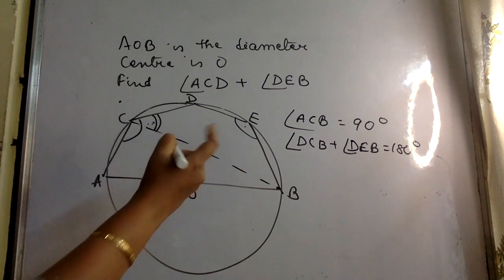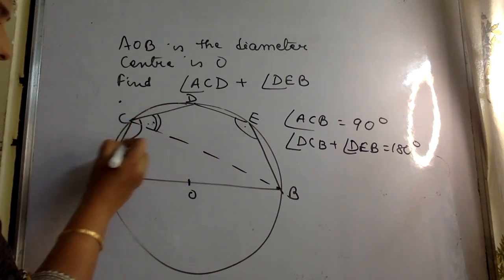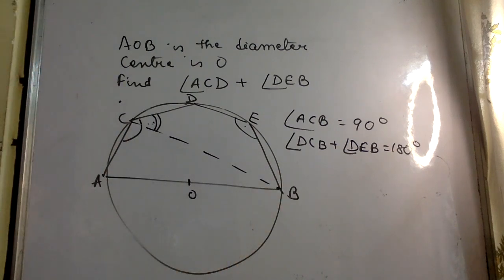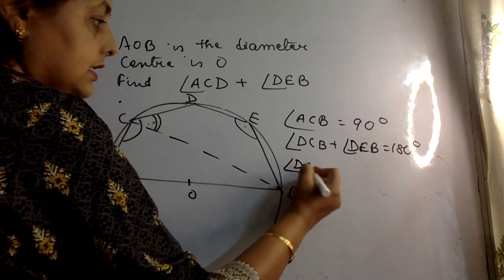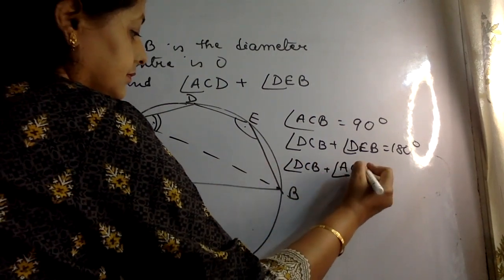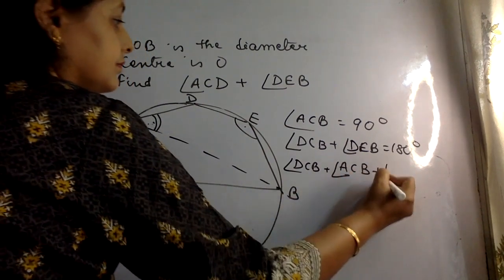Because these are opposite angles of a cyclic quadrilateral. Here this full angle, we can write it like this: angle DCB plus angle ACB plus angle DEB.